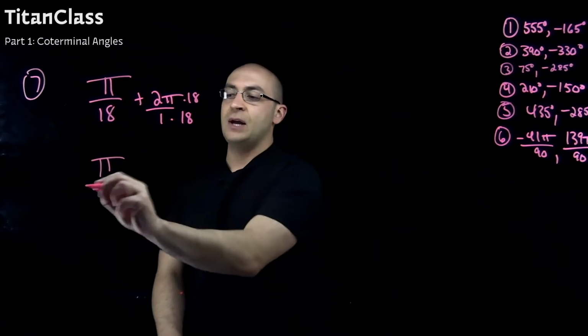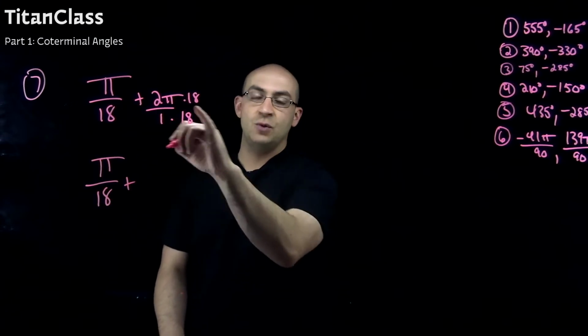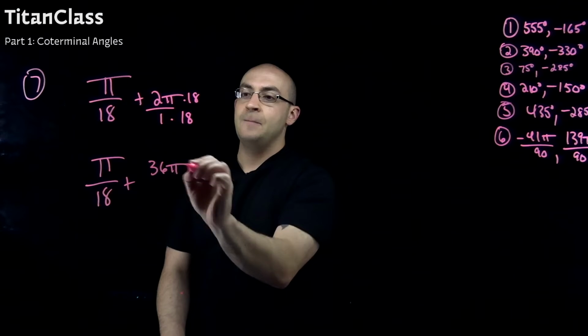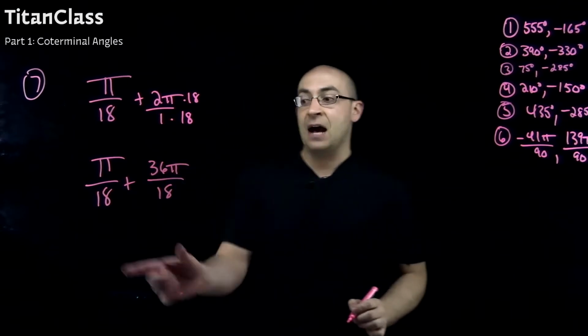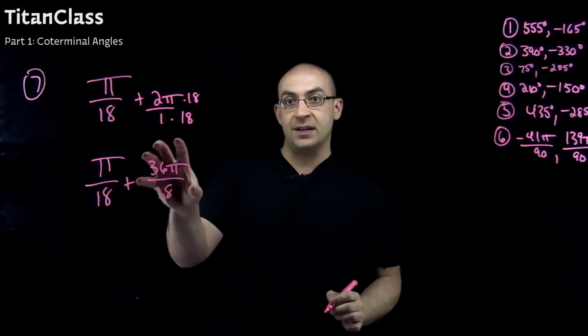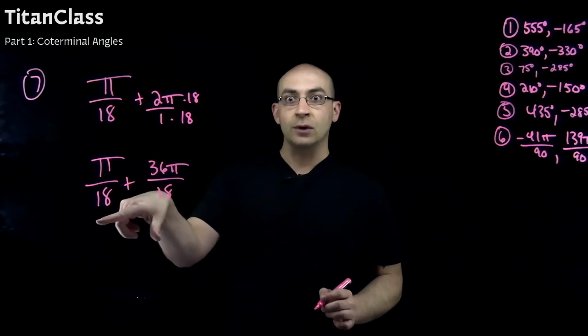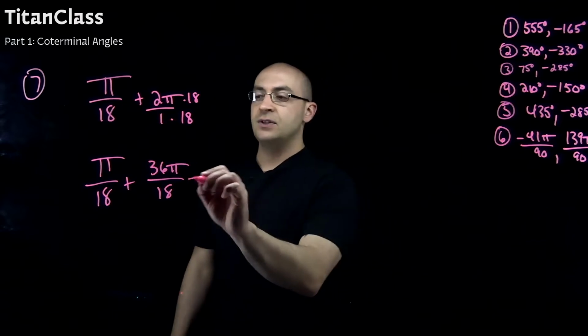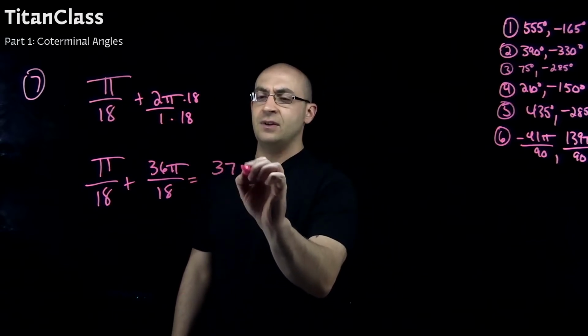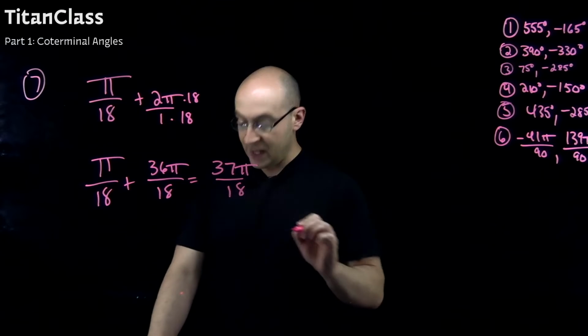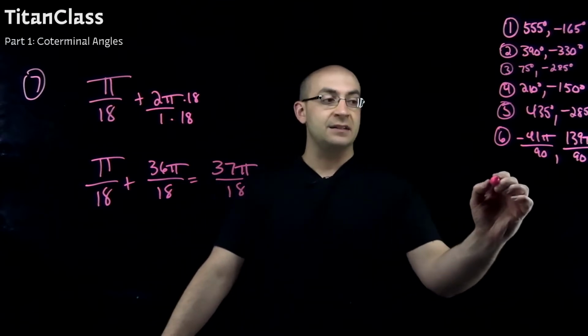So this is going to be pi over 18 plus 2 pi times 18, which is 36 pi over 18. Now I can add them because this is one full revolution more than the original in terms that I can actually add. So this is going to be 37 pi over 18. And that is my coterminal positive angle.